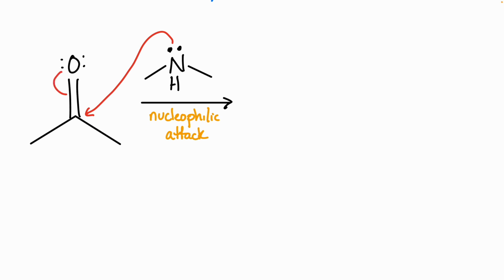Again, we have our nucleophilic attack on that carbonyl carbon. That pair of electrons jumps up onto that oxygen to create a negatively charged alkoxide ion. And now we have our nitrogen stuck on there.